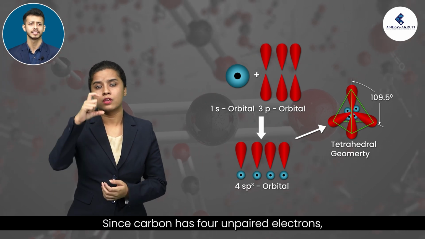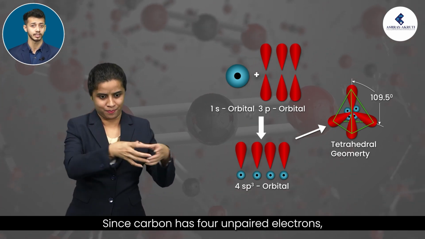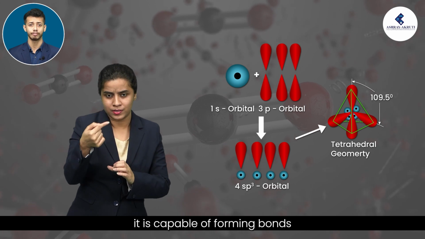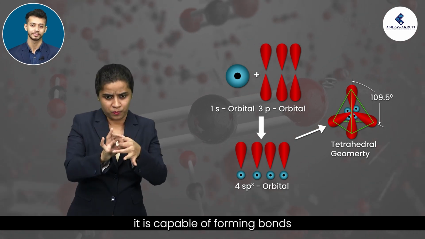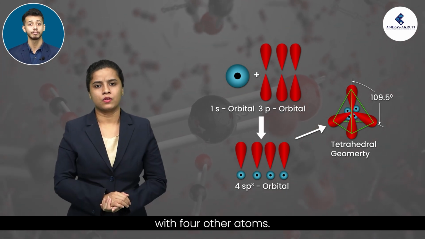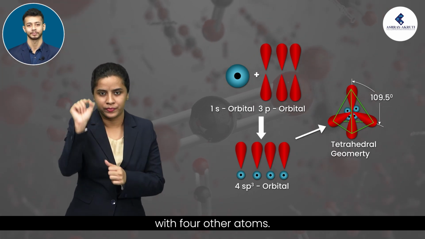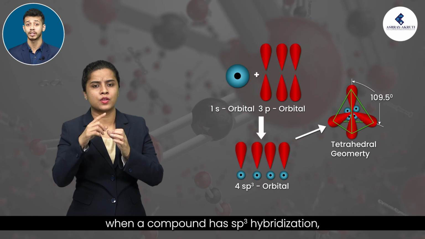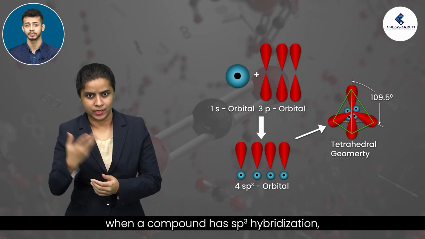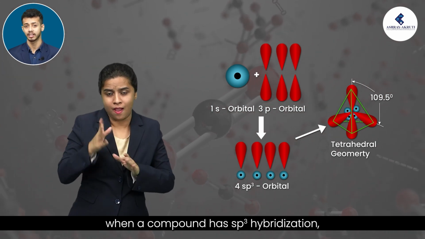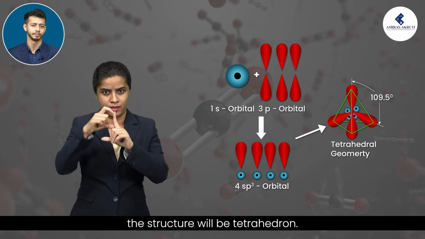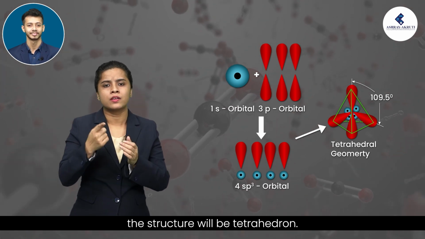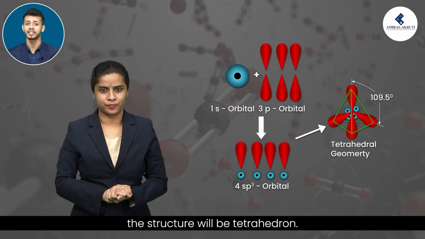Since carbon has 4 unpaired electrons, it is capable of forming bonds with 4 other atoms. According to valence bond theory, when a compound has sp3 hybridization, the structure will be tetrahedral.